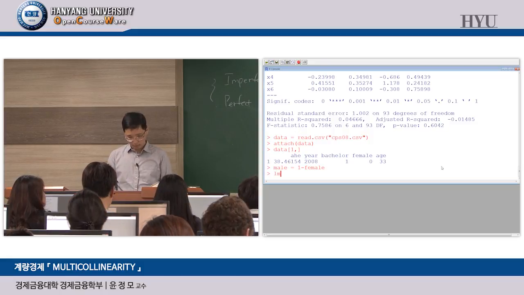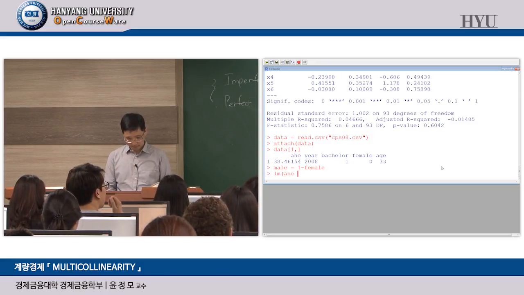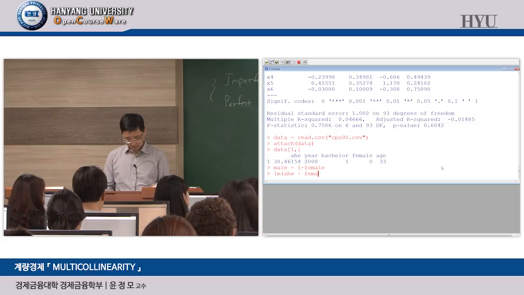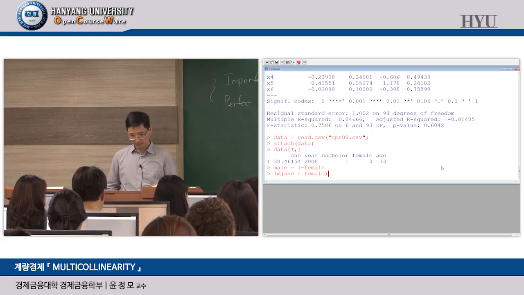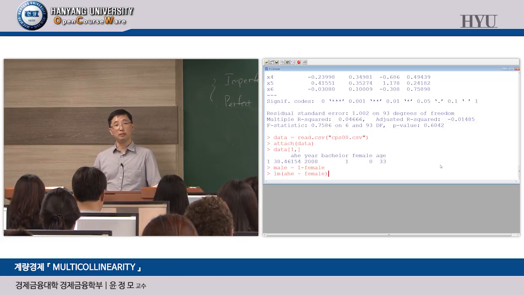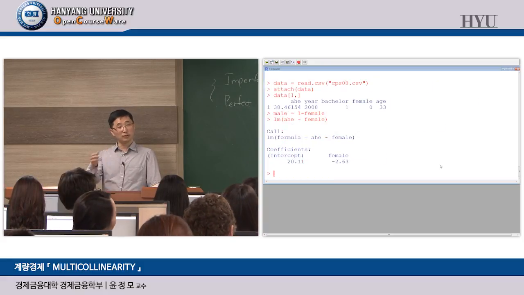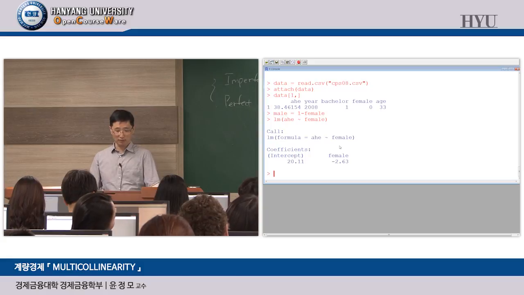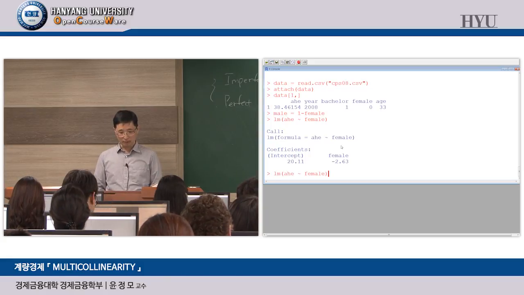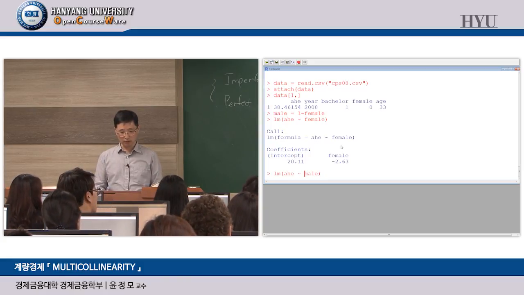Now, run a regression of wages on female. Try it. So you know how to interpret this coefficient, right? Now run a regression of wages on male.